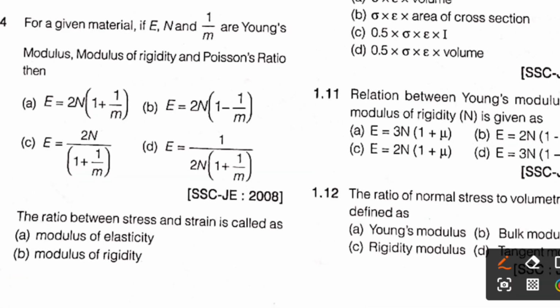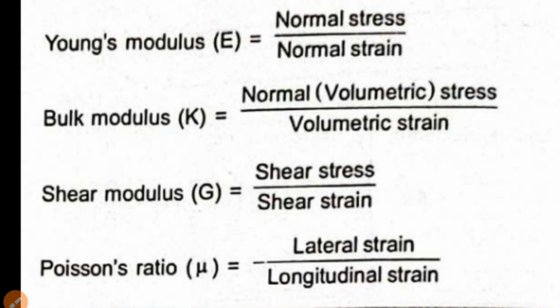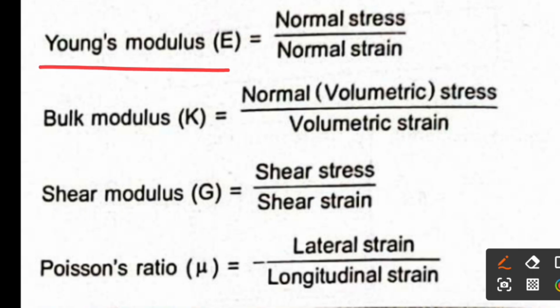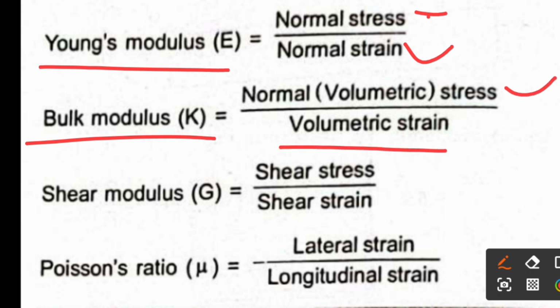Let's learn about all these formula definitions. Young's modulus E is also called the modulus of elasticity, and it is the ratio of normal stress to normal strain. The second one is the bulk modulus, K, which is the ratio of normal or volumetric stress to volumetric strain.